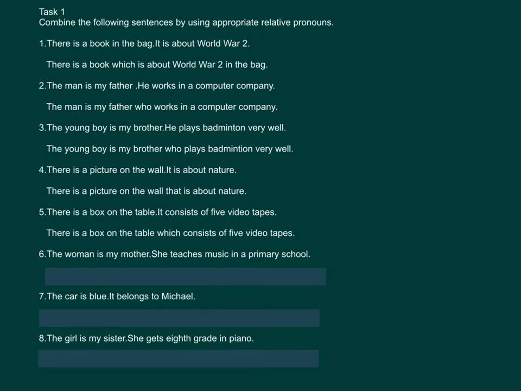Number 6. The woman is my mother. She teaches music in a primary school. The answer: the woman is my mother who teaches music in a primary school.